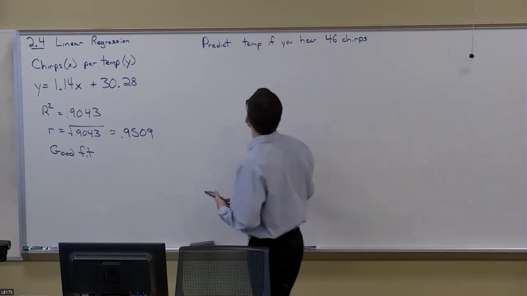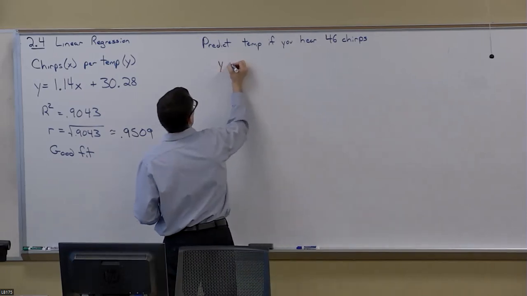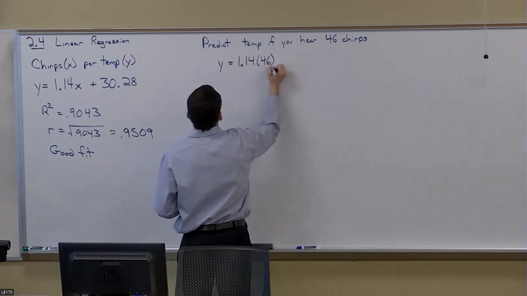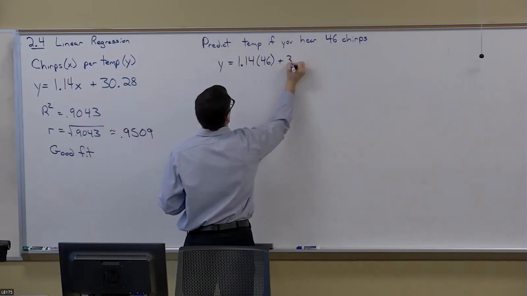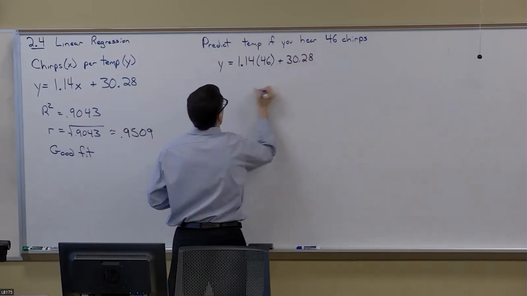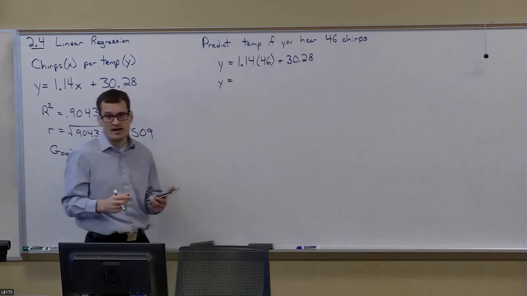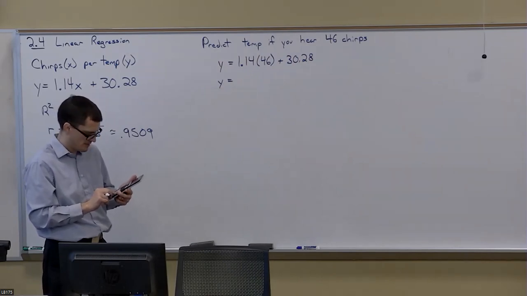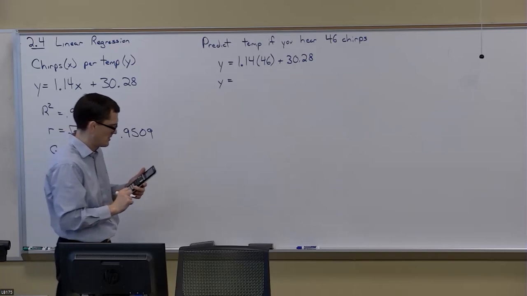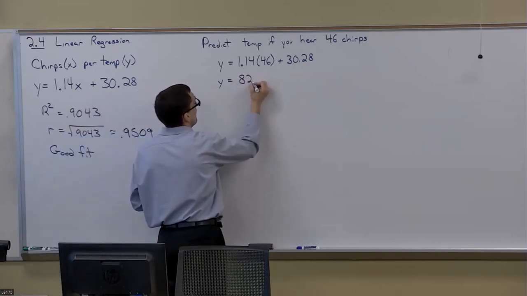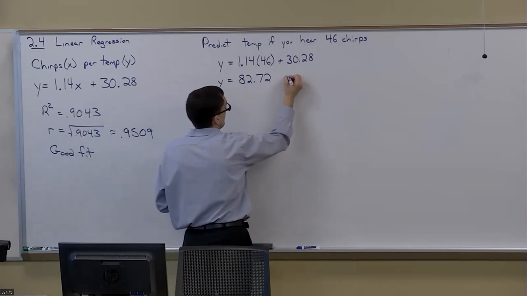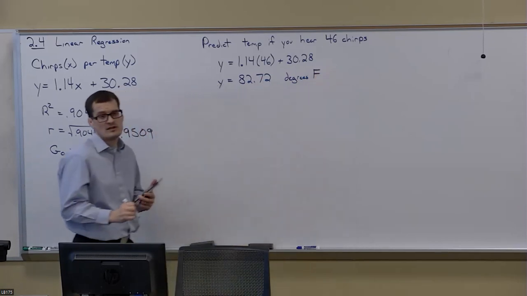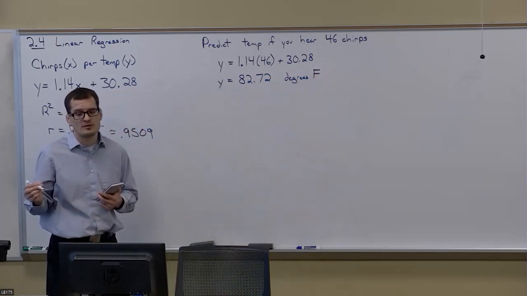So to predict the temperature if I hear 46 chirps, I simply plug in 46 for my X. I do the same thing we've been doing this whole time. I got 82.72, that would be degrees Fahrenheit, as the temperature we predict.